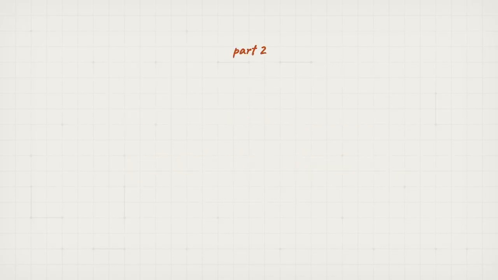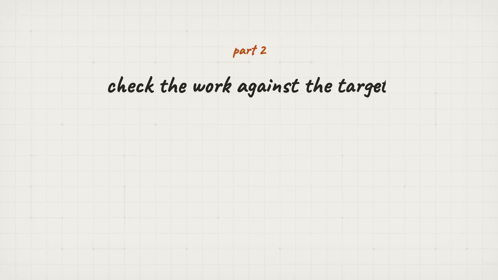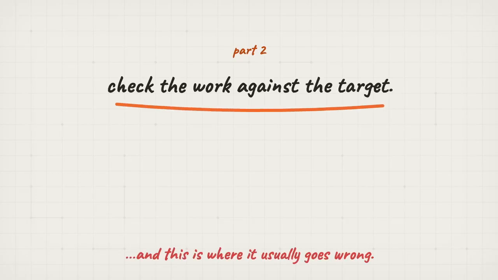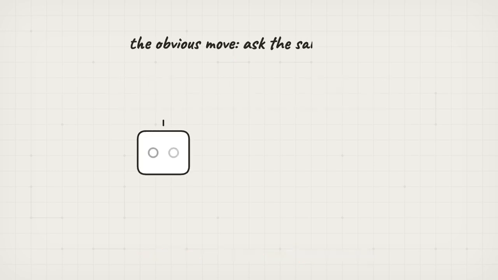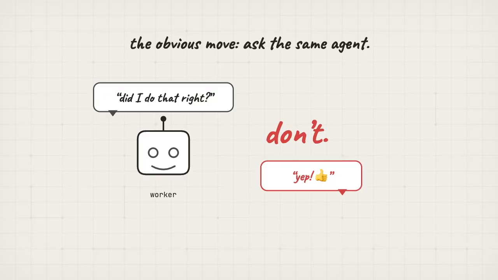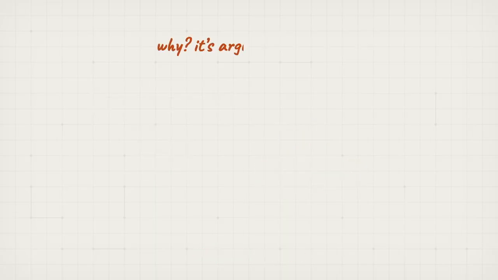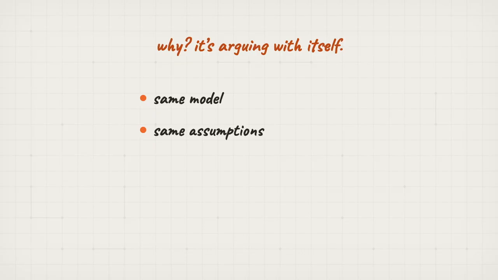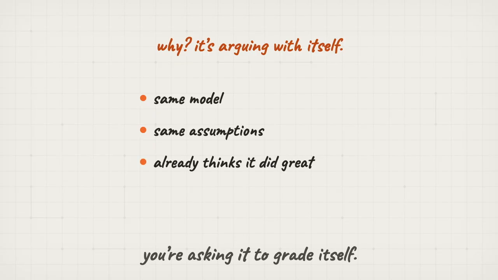Now, the second part. The loop has to check its own work against that target, and this is where it usually goes wrong. The obvious move is to ask the same agent, "Did you do that correctly?" Don't. It will say yes. Why? Because it's the same model carrying the same assumptions that just did the work. It already thinks it did a good job.